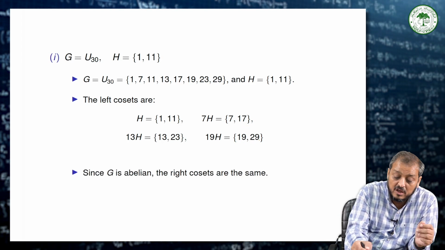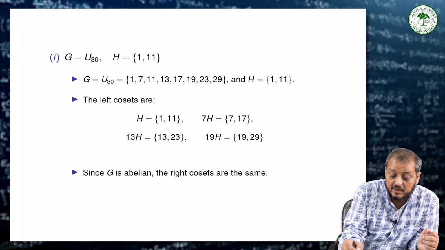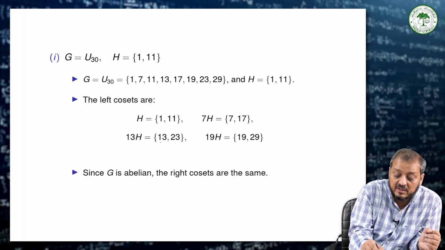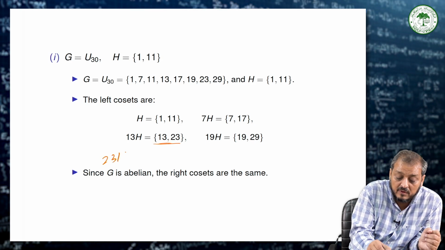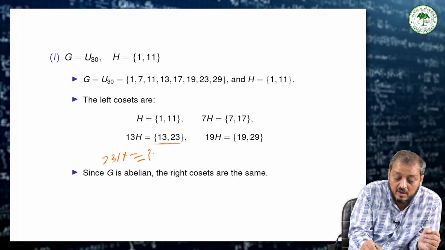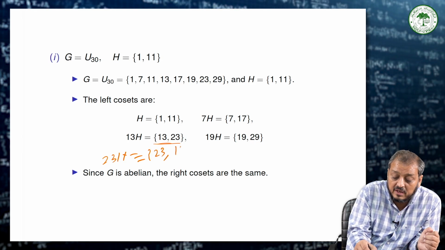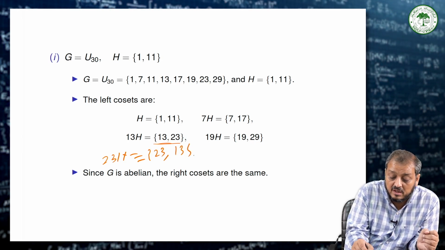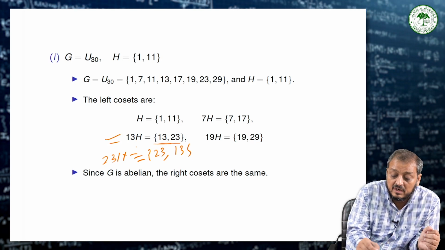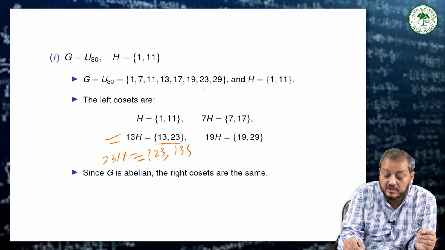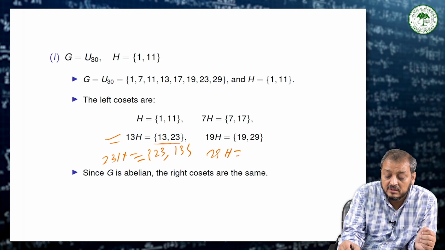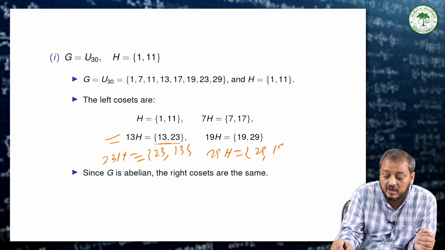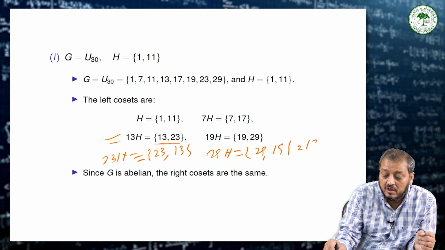Then if we take 23H, the remainder is 13, so it is the same as 13H. And if we take 29H, then 29 and 19, it is again 19H.